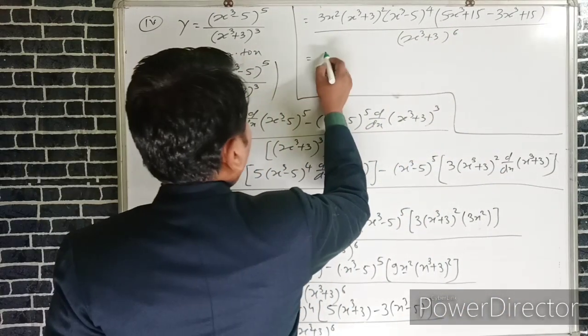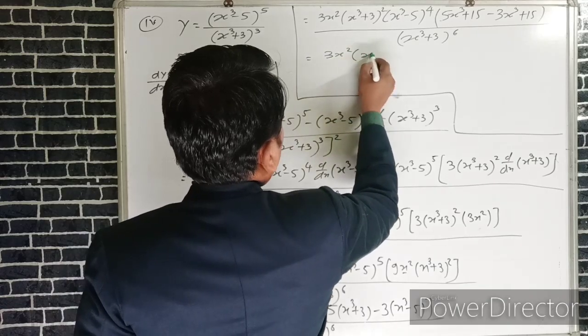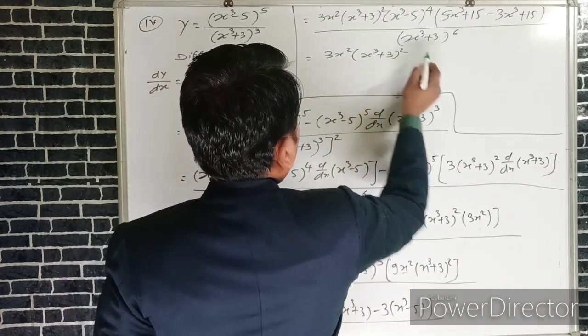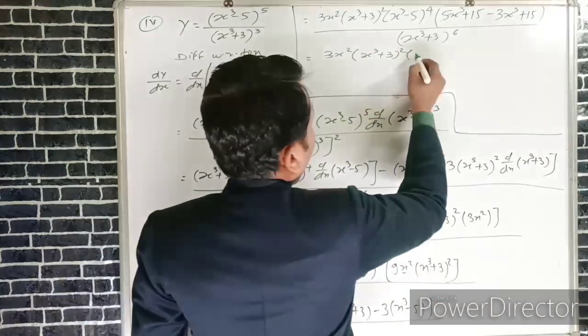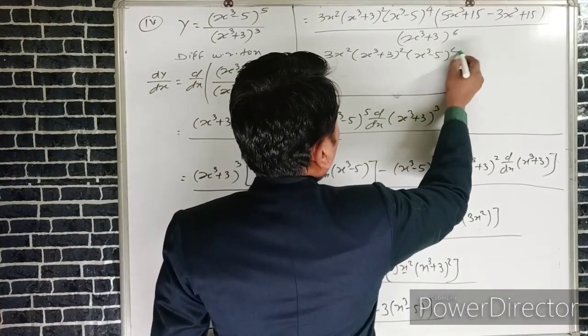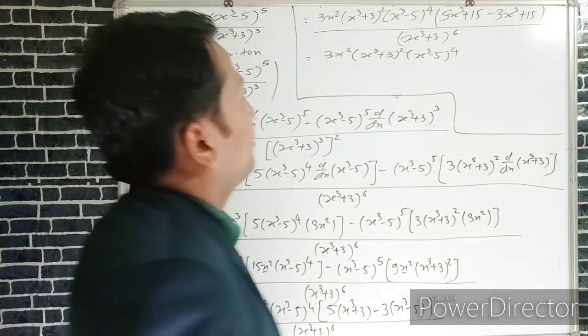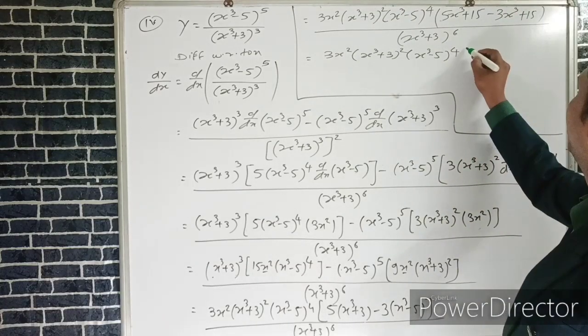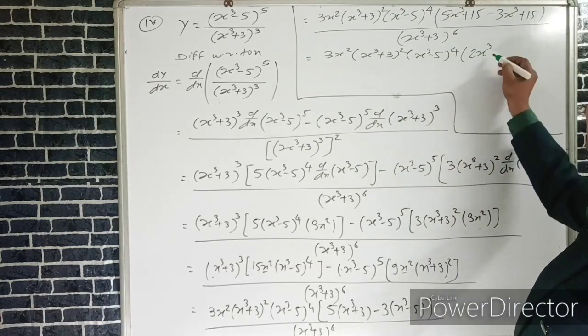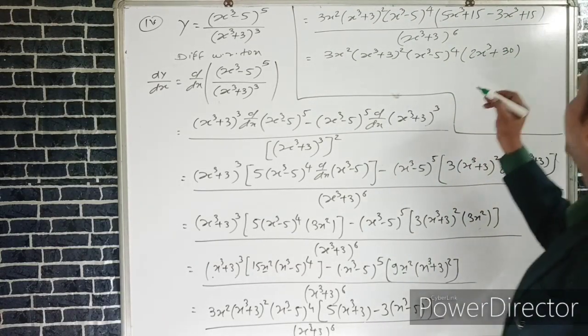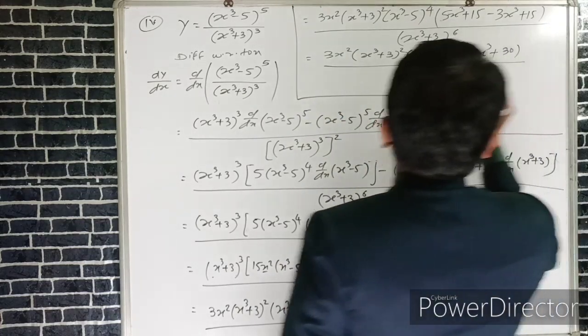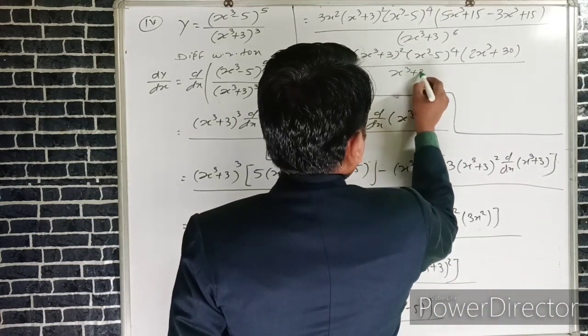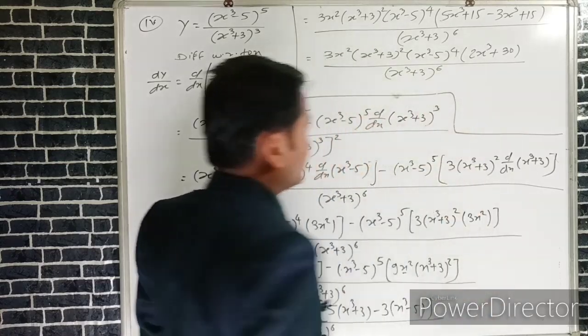After that, 3x square, (x cube plus 3) whole bracket square into (x cube minus 5) whole raised to the power 4. 5x cube minus 3x cube is 2x cube. 15 plus 15 is 30 upon (x cube plus 3) whole raised to the power 6.